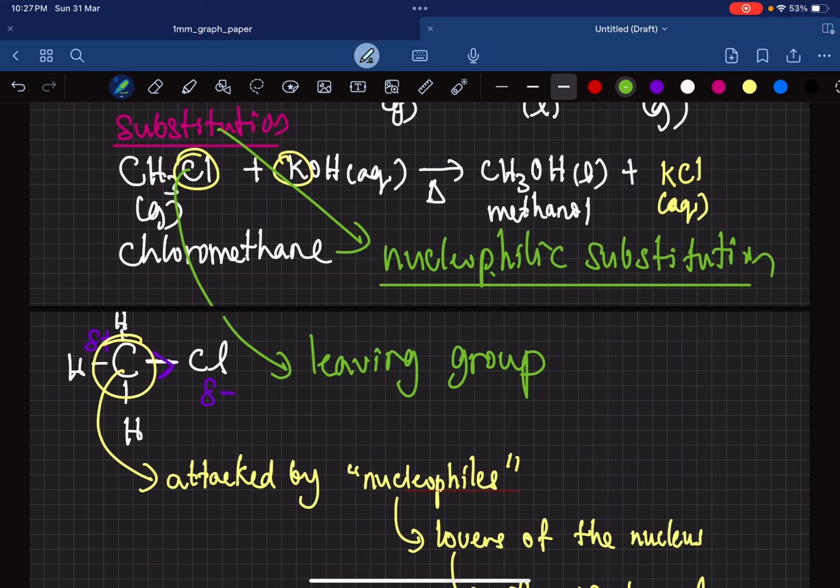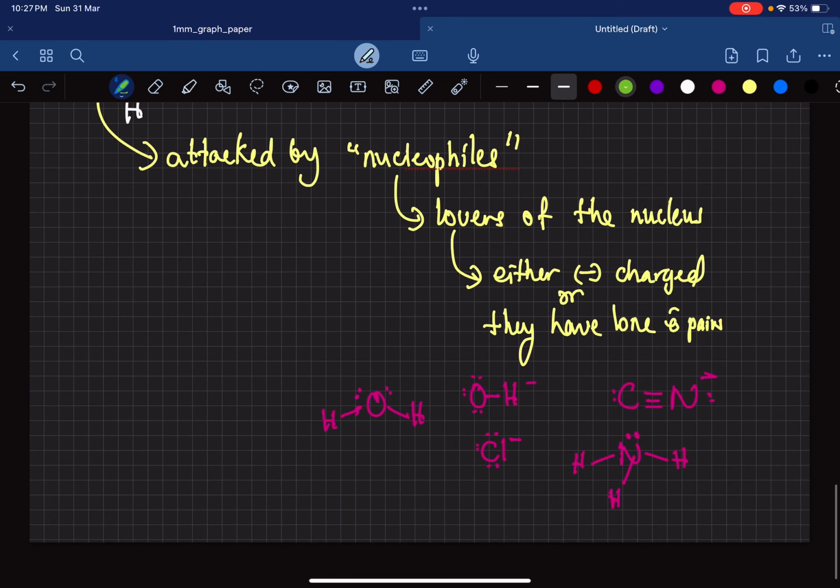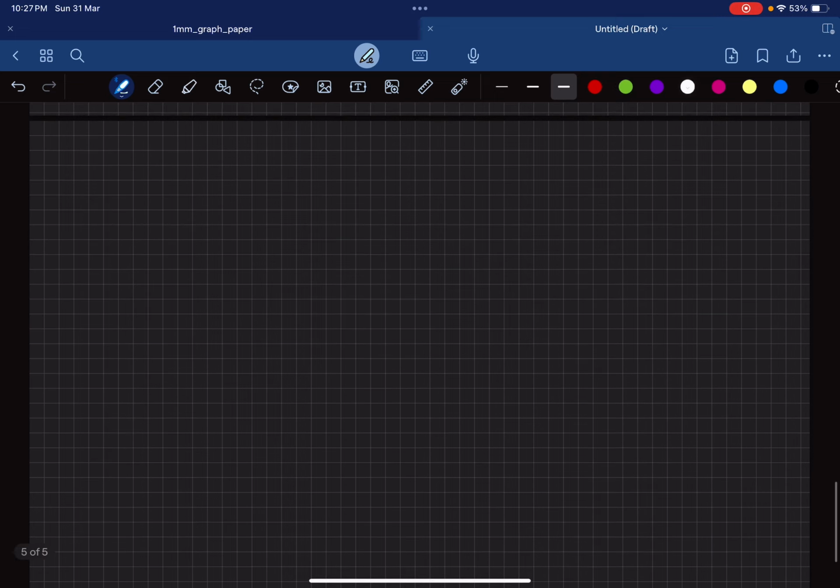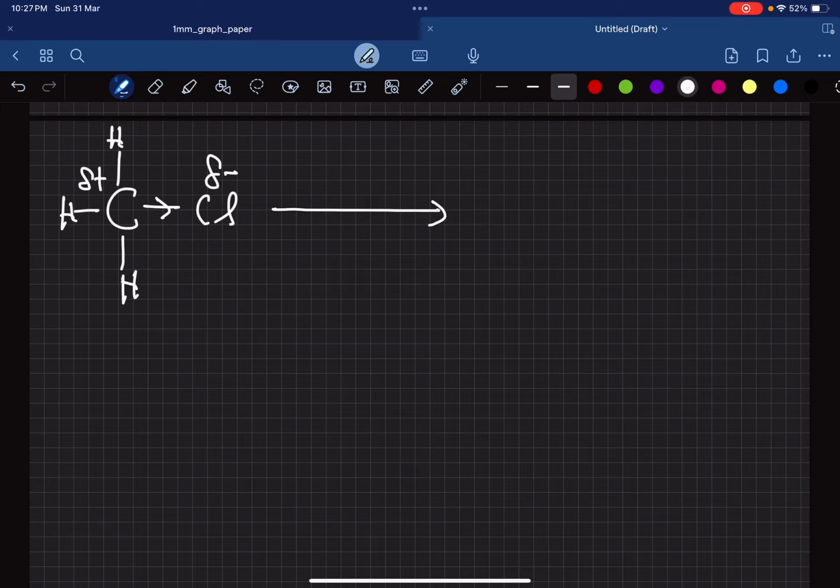There are other reactions that we can carry out in the same token. For example, let's say this is the last reaction here. Let's say we have this again, chlorine. Like I told you, this is slightly negative, this is slightly positive. What we can do is react this with excess ammonia.